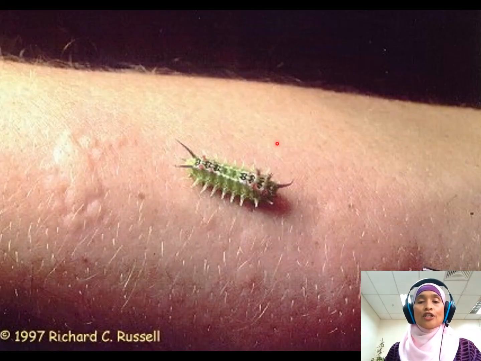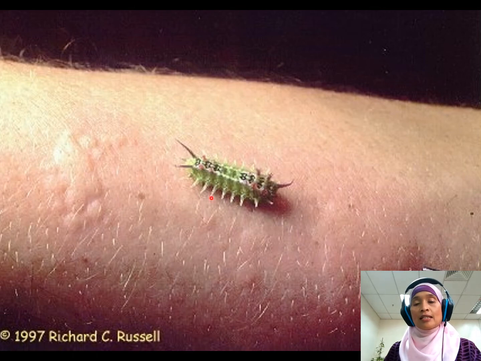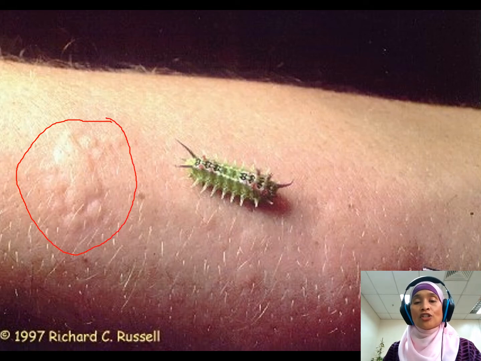In this slide, you see a caterpillar crawling on the arm of an individual. There are irritants or toxins on the surface of the caterpillar, and if you look closely, you can see the presence of urticarial rash on this particular individual.